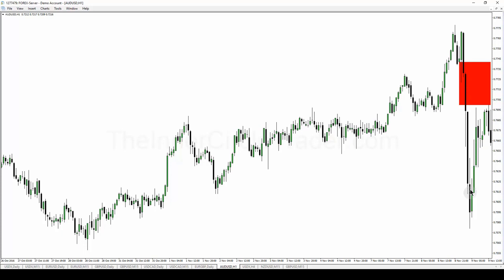Down here, we have a fair value gap right in here. These candles here, this candle here. And we have the body of this down candle, which is the bullish order block, right before this big move up, the last down candle.